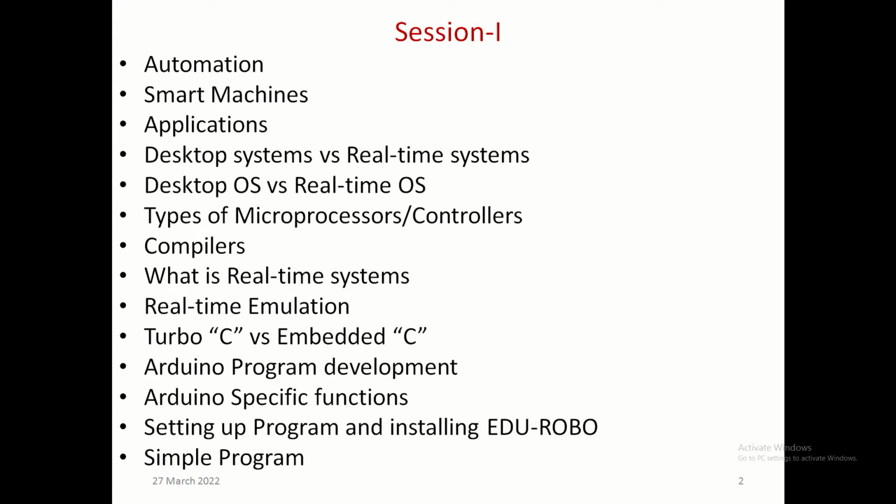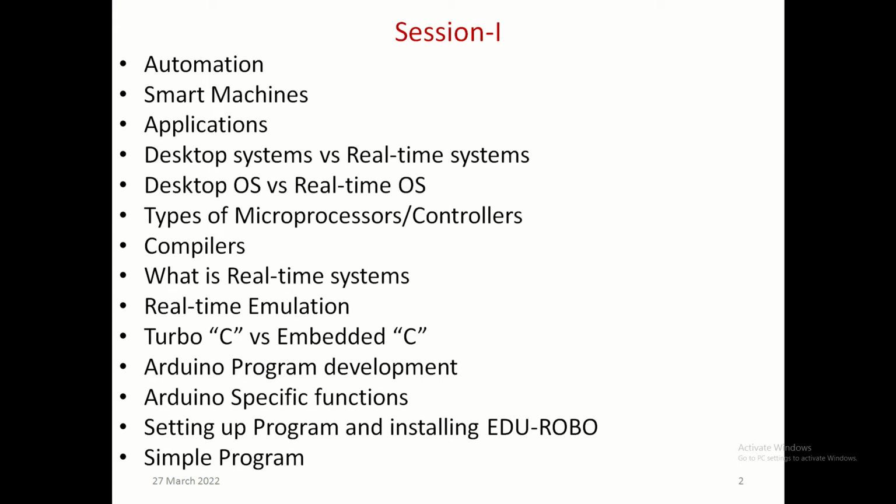Then I was telling about desktop systems versus real-time systems. Similarly, the operating system and their CPUs, compilers, and the real-timeness. What do you mean by real-time here? What is emulation? What is simulation? What is real-time debugging?